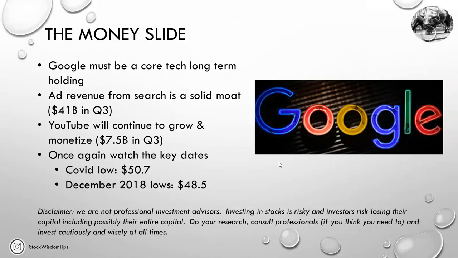So again, we think this is a key holding. It's selling at pretty attractive prices right now. We think it's gonna still keep going down with this volatile market, but watch those key dates that we've talked about in previous videos. Right, the COVID low, $50.70. The December 2018 low, $48.50. We're not alluding that it's going to get there because the business has grown considerably since March 2020 and December 2018.